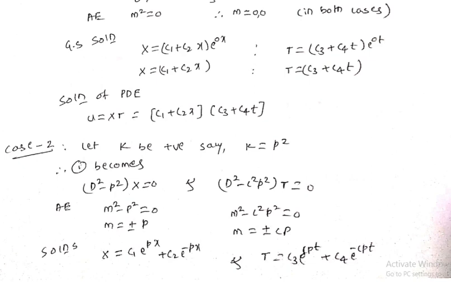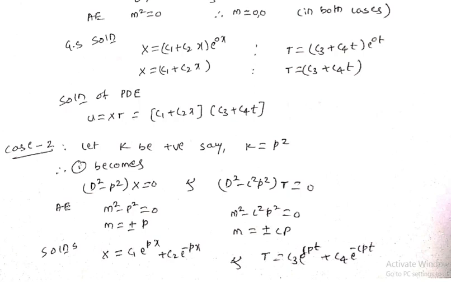Dividing on both sides by x, x will be cancelled out, and similarly t is cancelled out. So its auxiliary equation is, D replaced by m, m squared minus p squared equal to 0, or m squared equal to p squared, or m equal to plus or minus p. So there are two different roots, plus p and minus p.